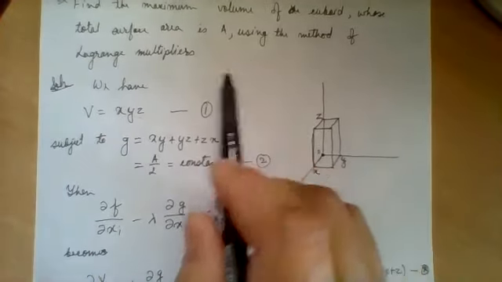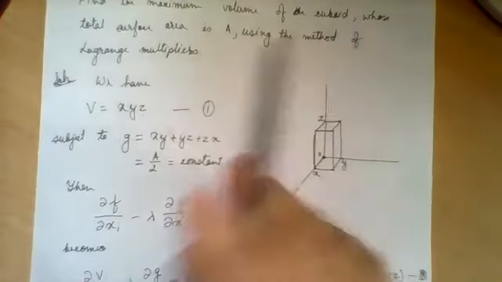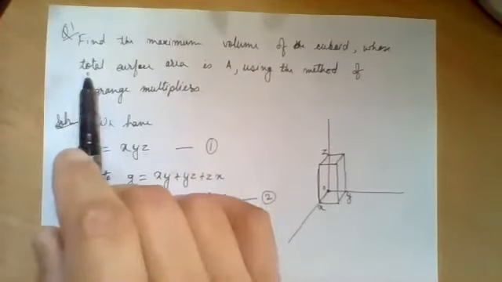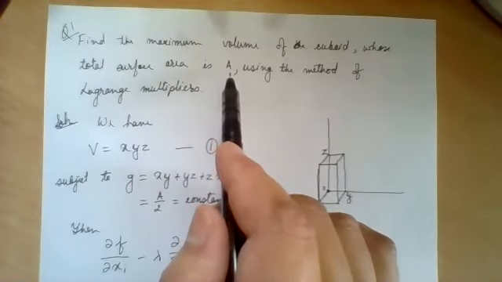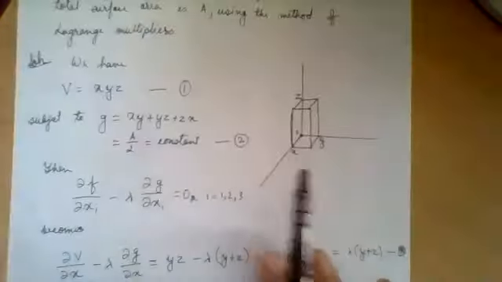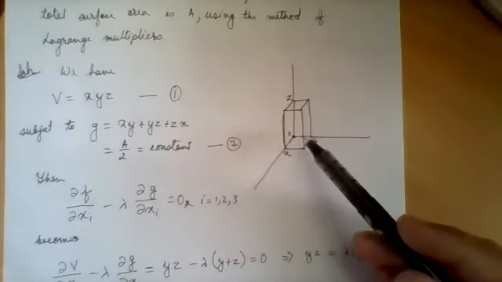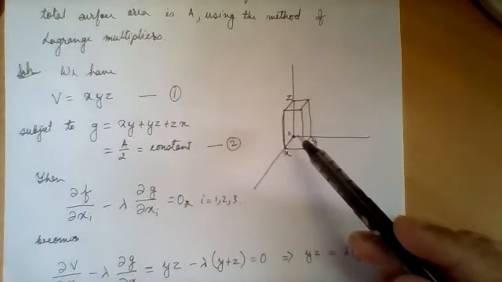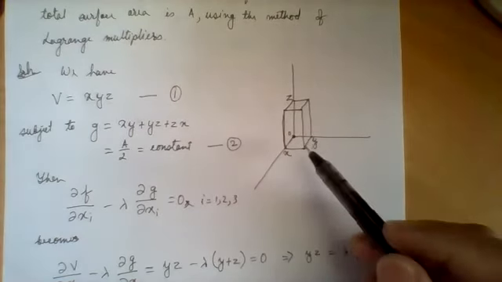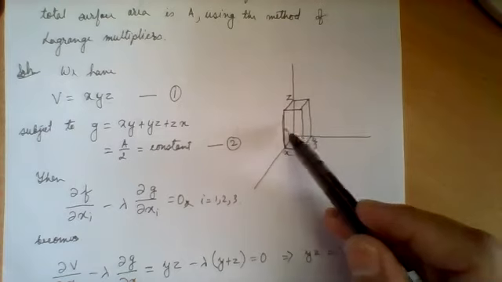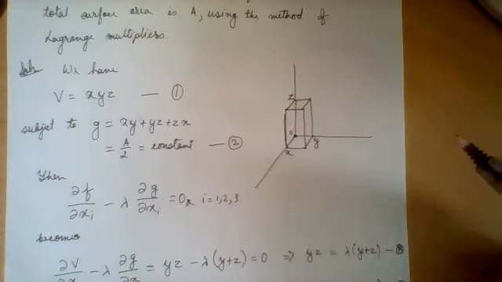And what is the given condition? The total surface area A is a constant. A cuboid has 6 faces, and opposite faces are equal in area.